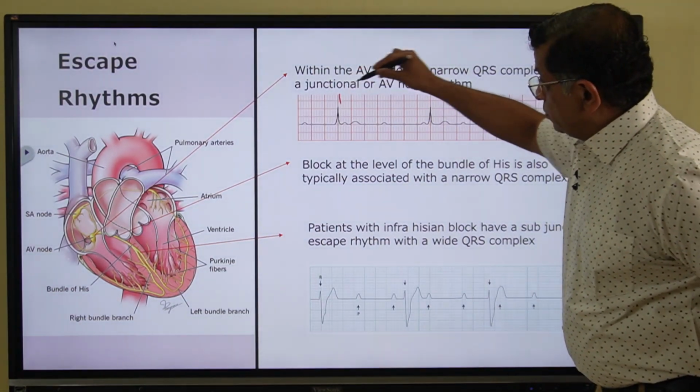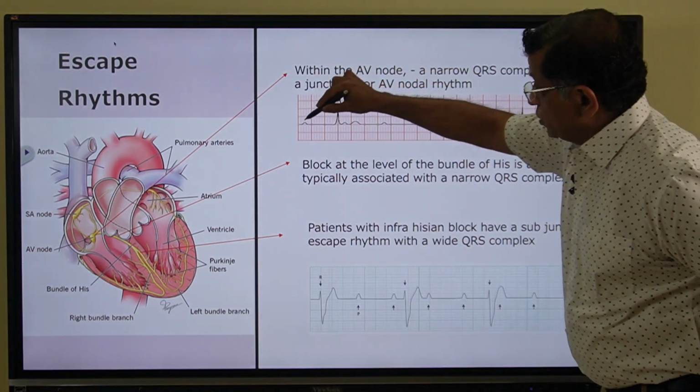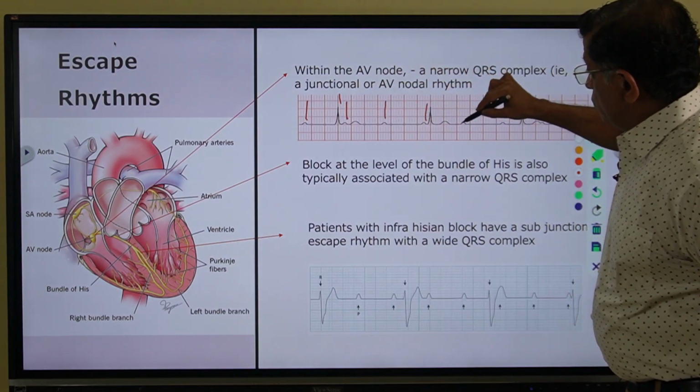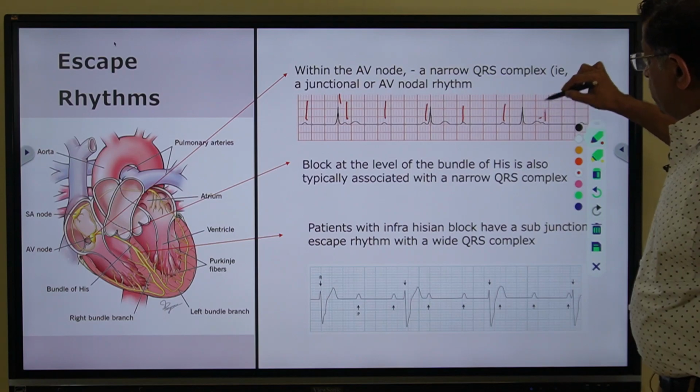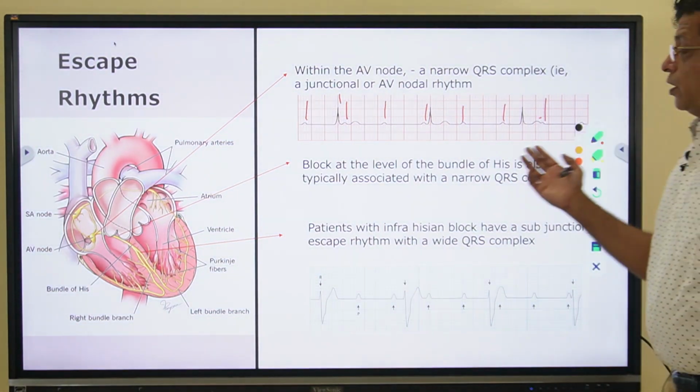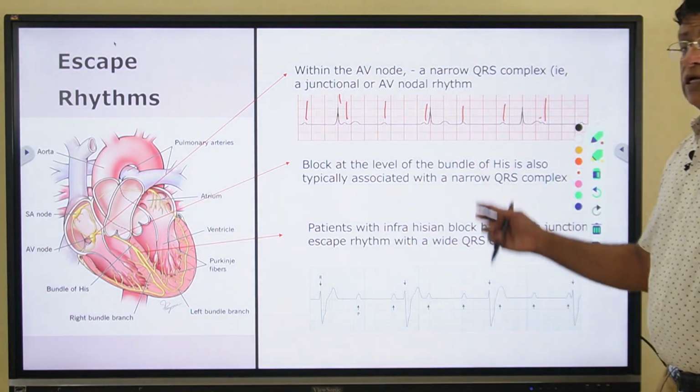You can see the P waves here. So the atrial rate is again around 100 and the ventricular rate is much slower, around 35 to 40, but the ventricular complexes are narrow.